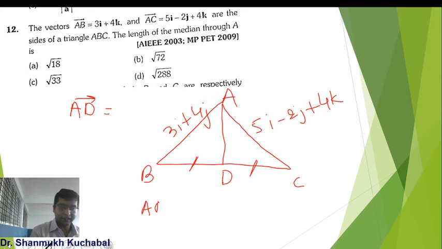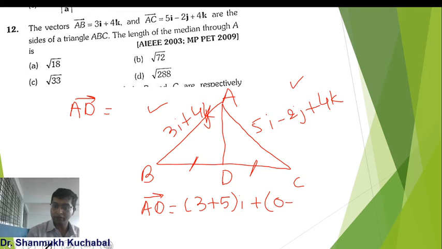So vector AD equals, the i coefficients are added: 3 plus 5 into i. Next, j is missing in AB, so 0 minus 2 into j.